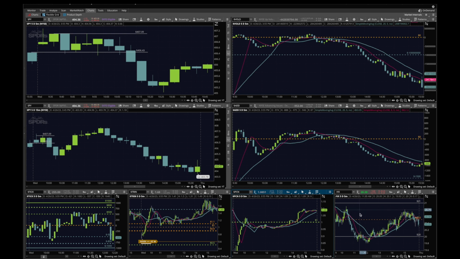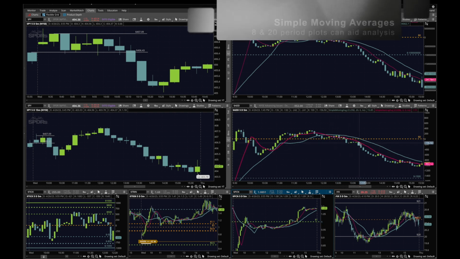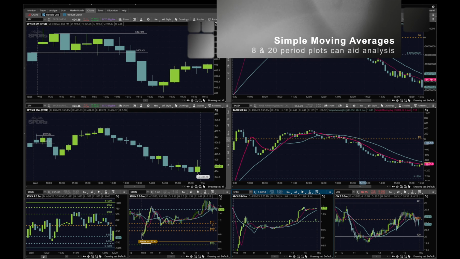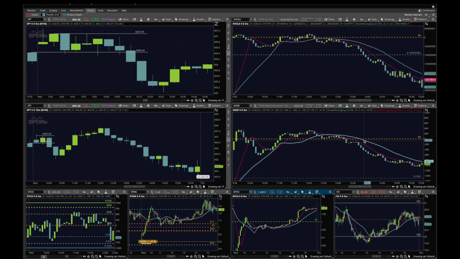But I know sometimes they bring comfort to people, so go ahead and plot those on there. I'm using the simple moving average. I don't want to use exponential, I don't want to try to predict anything. It's just a simple moving average of the closing prices. The pinkish one is 8 periods, and the blue one is 20. So 20 closes, 8 closes on the current time frame.